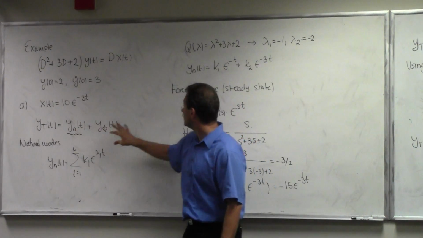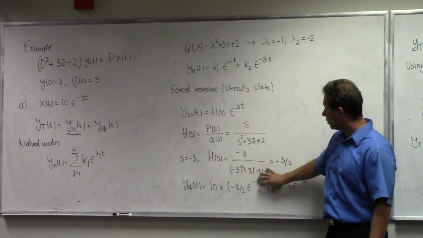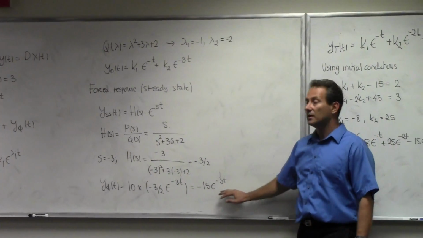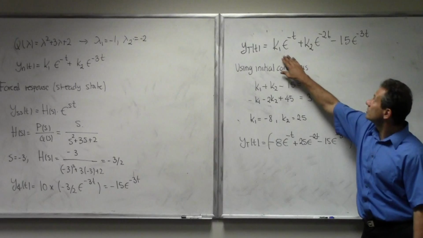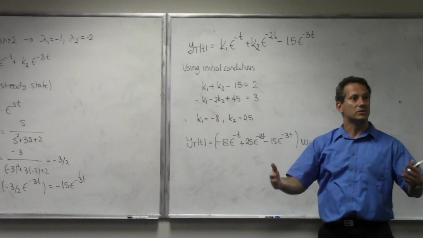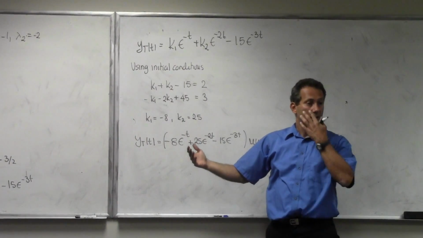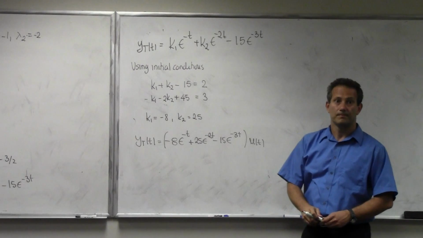So you piece them together, and for the exponential, you use the transfer function to get the magnitude and the phase. For the natural modes, they come with some constants, because all you know is that the system rings with the natural modes, but you don't know what their magnitudes are. And then you resolve that by using initial conditions.